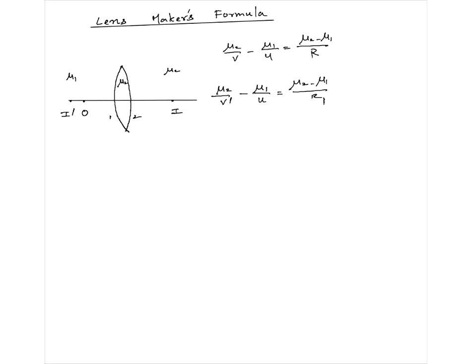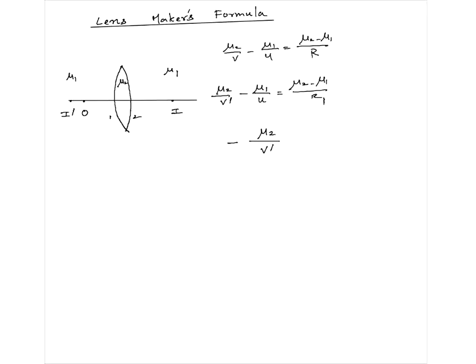Now this I dash will act as object for this surface. Now rays are coming from mu2. This is mu1. Rays are coming from mu2, so that will be mu2. Now u is V dash with sign, of course. Sign is inside V dash.